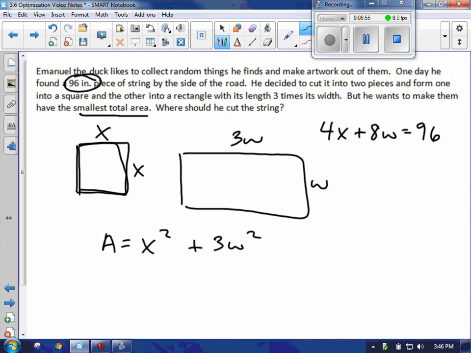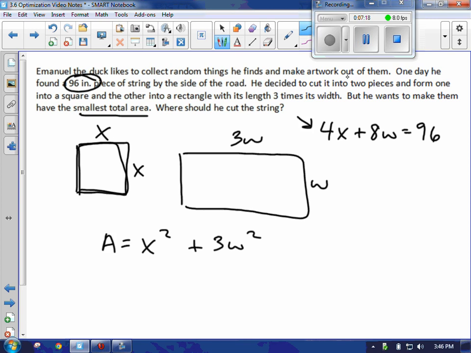If I want to get this perimeter equation in terms of one variable, think about which one would be better to solve for. If you get x by itself, you'll be dividing by 4. If you get w by itself, you'll be dividing by 8. I like to divide by the smaller number because 8 divides by 4 evenly, but 4 divided by 8 becomes a fraction.